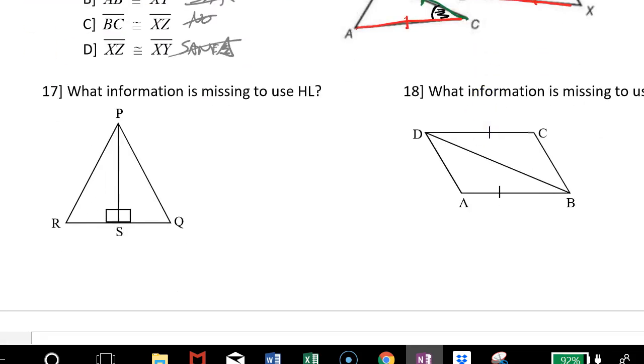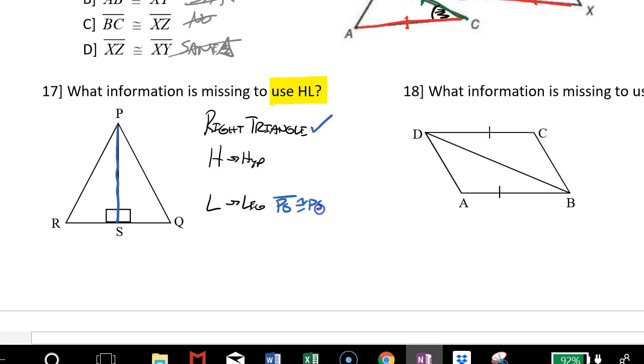Number 17, what information is needed in order to prove hypotenuse leg? Take a look at this. For hypotenuse leg, I need a right triangle, which I have in both. I need a hypotenuse, and I need a leg. Well, we can see that the leg of this triangle, PS, is in fact congruent to PS via the reflexive property.